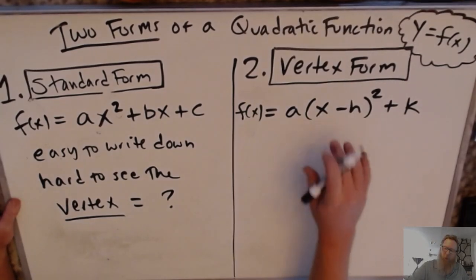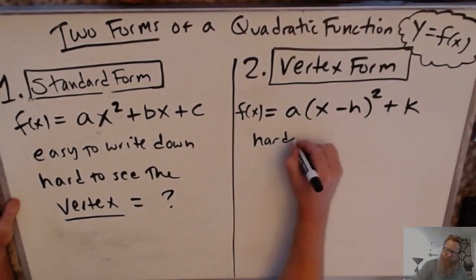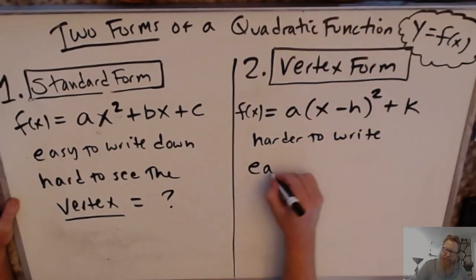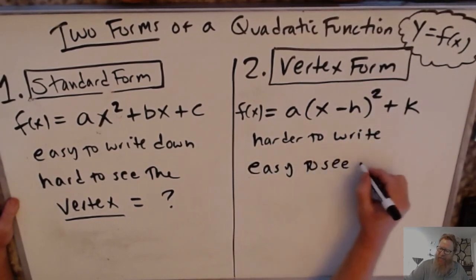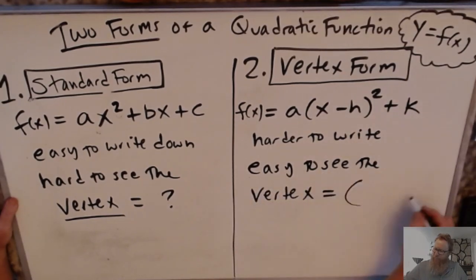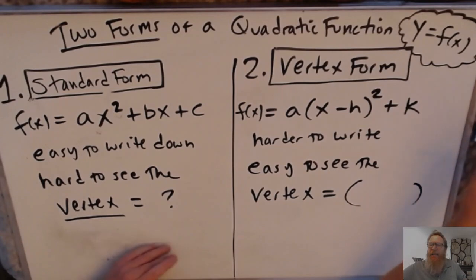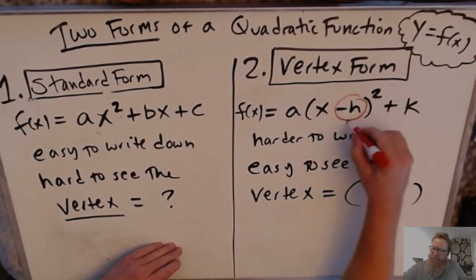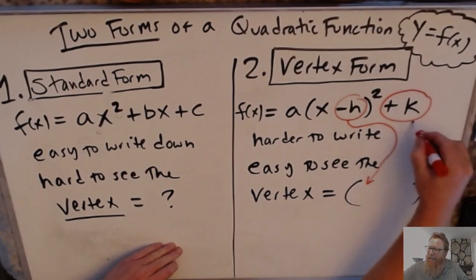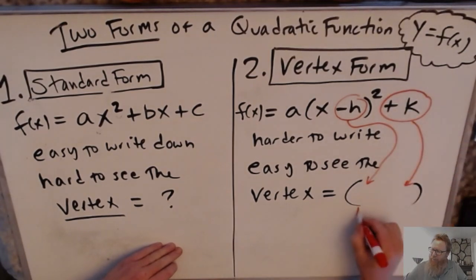The vertex form is a little bit harder to write down, but it is very easy to see the vertex. The vertex is the opposite of the inside number and exactly the outside number.